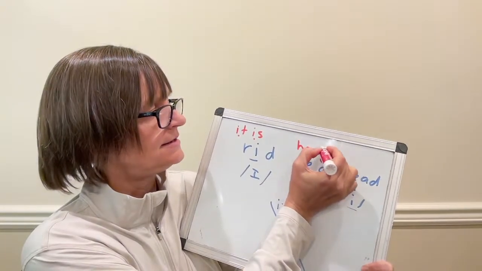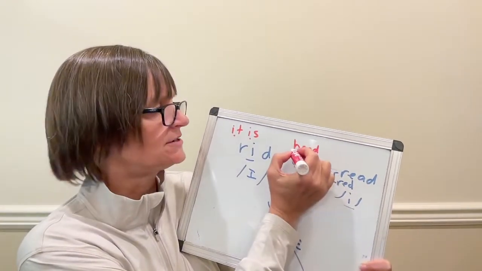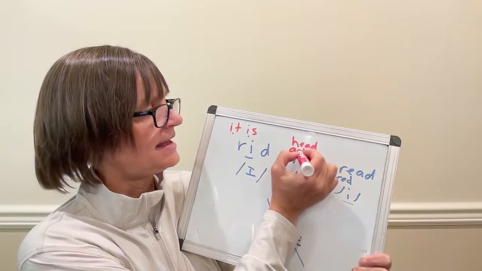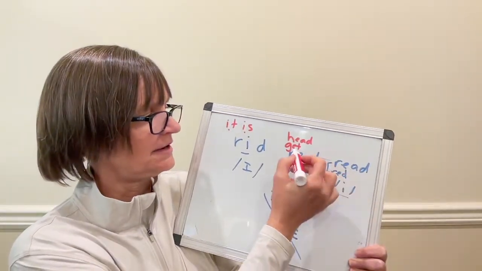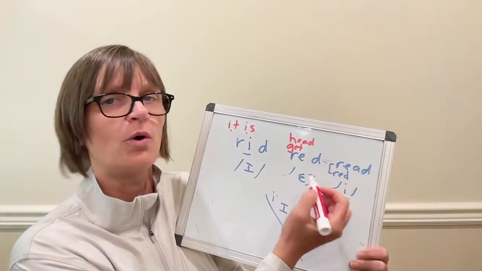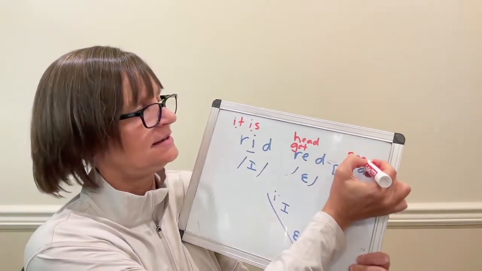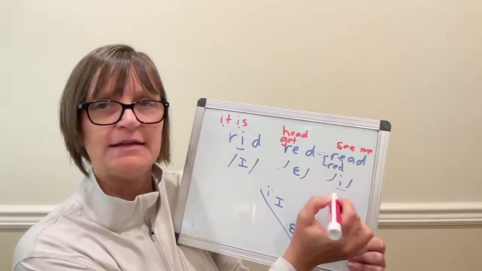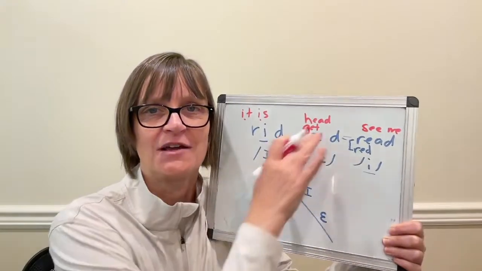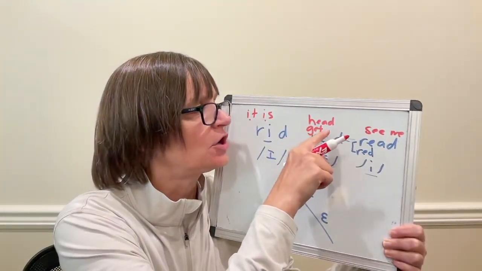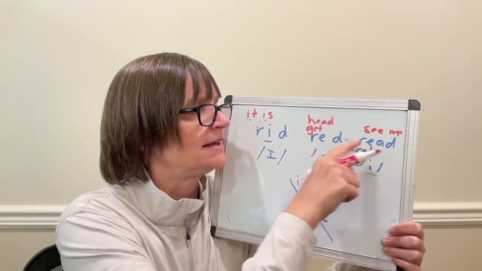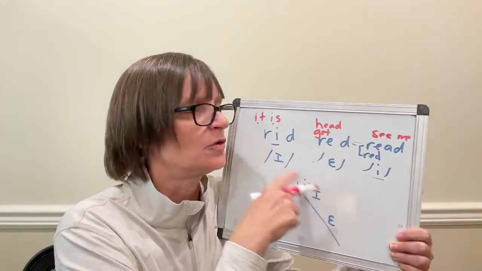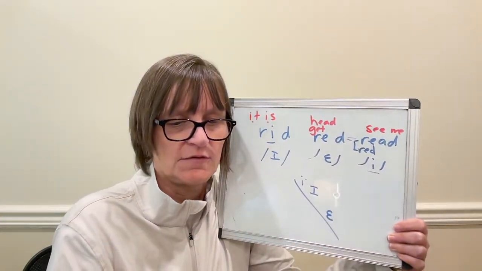The head, or get read, and then same for this one, get the book that you read, or see me read. You might find that matching other words, it's not as hard maybe to hear the difference between get and see as it is between read and read. So when the words are similar, that's a little bit more difficult.